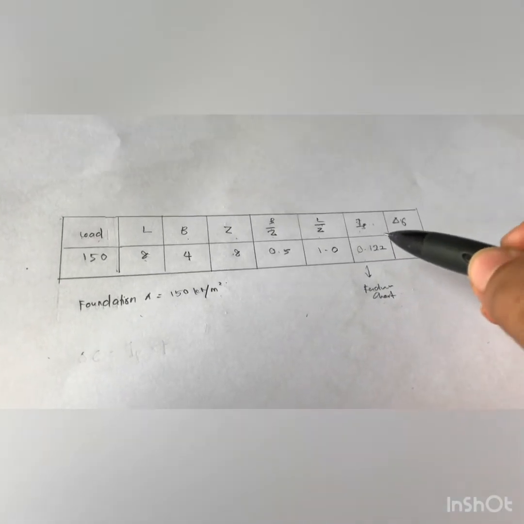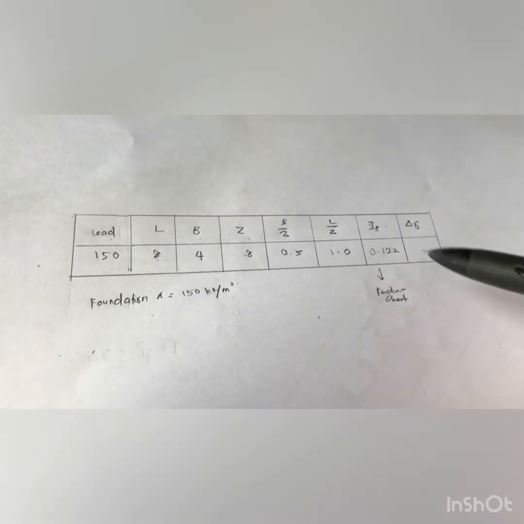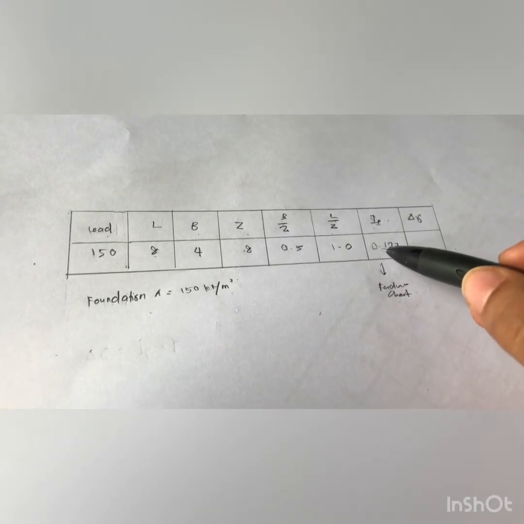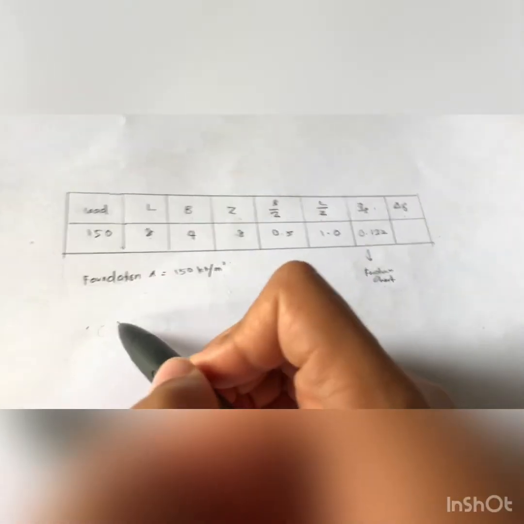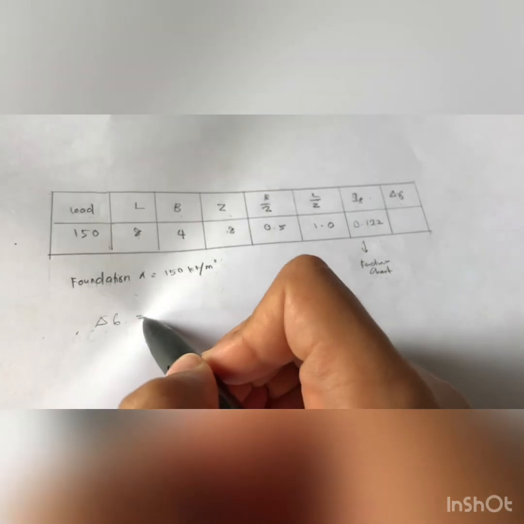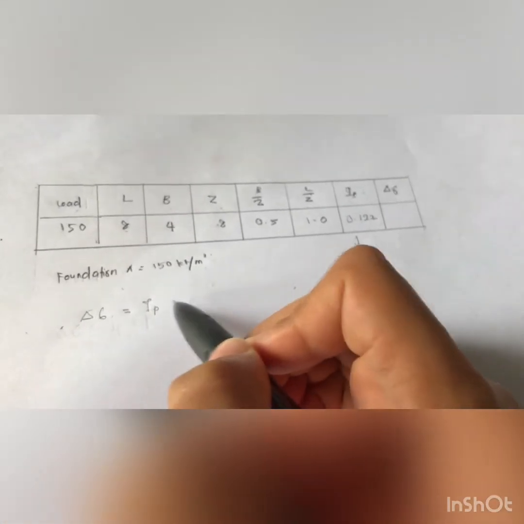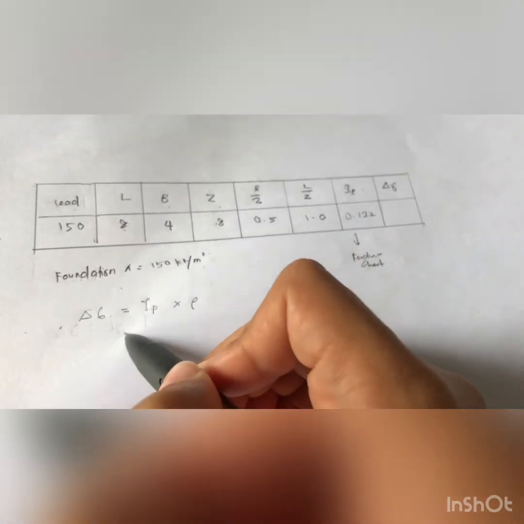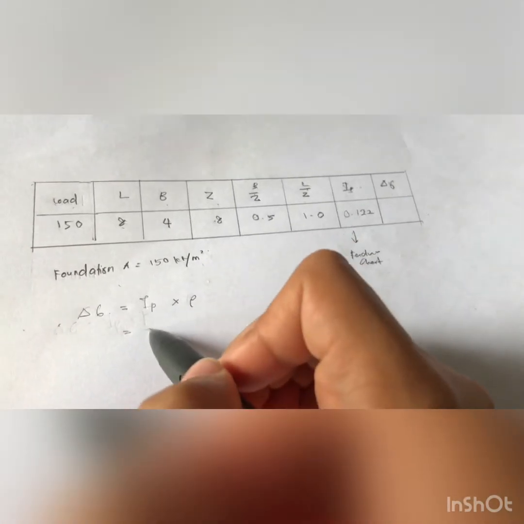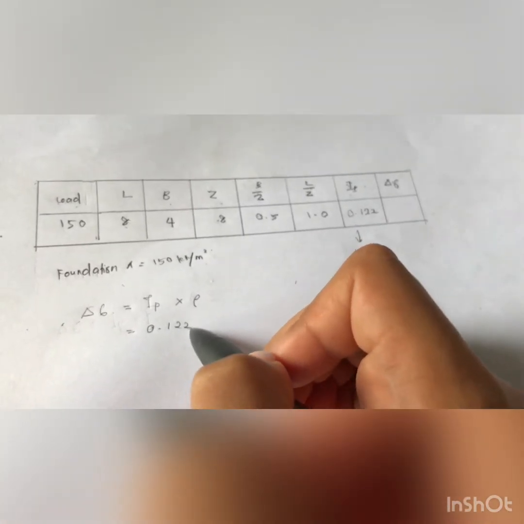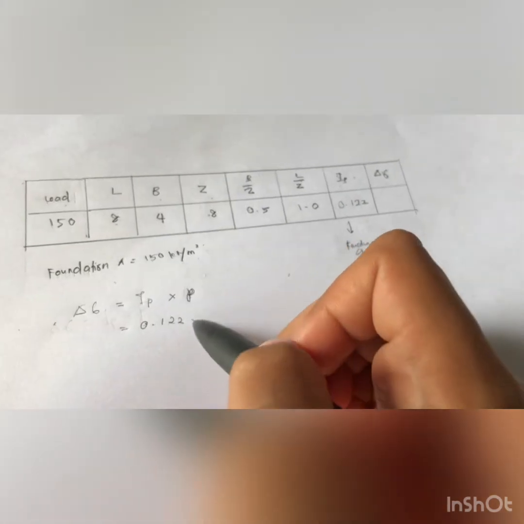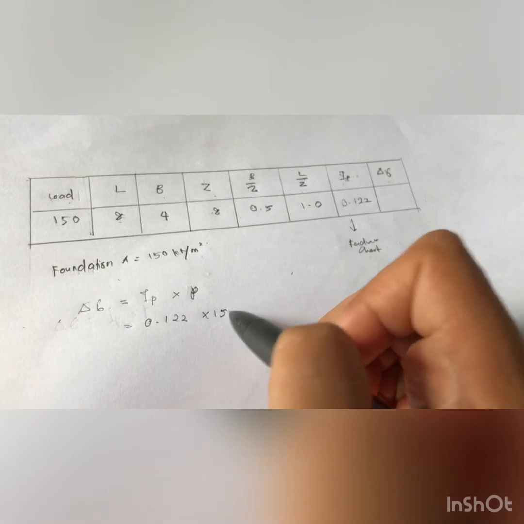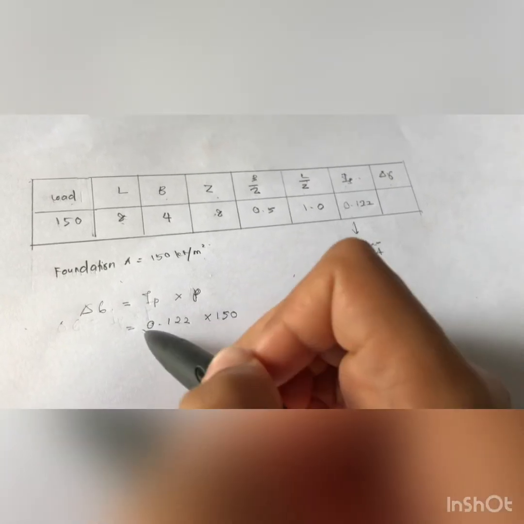Alright, now we go back to the table. The influence factor that we get from the Fadum chart, we write it as 0.122. And then for vertical stress, how do we get it? Vertical stress equals influence factor multiplied with load. The influence factor that we get from here is 0.122, and the load that we get is 150.